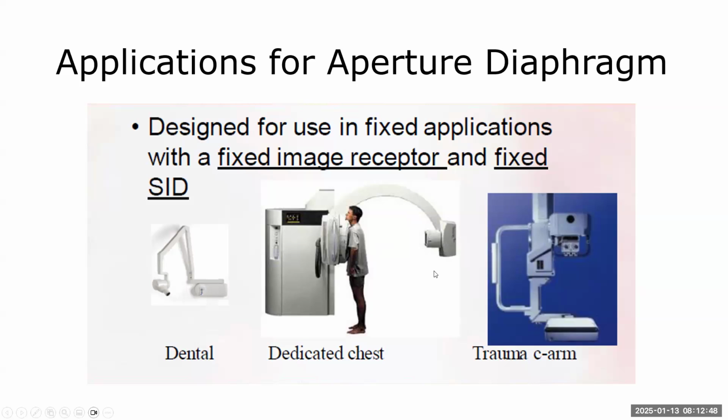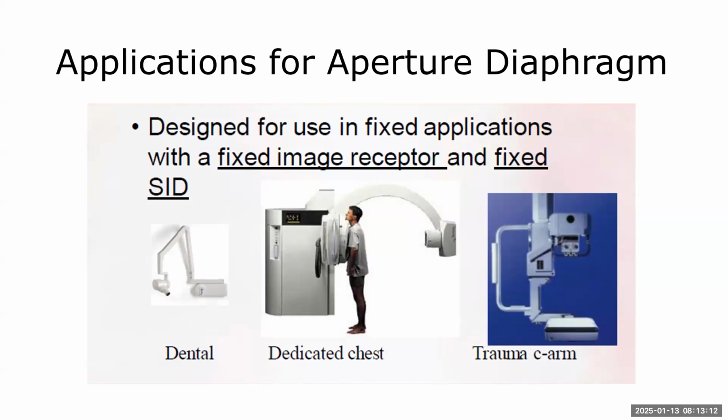That's a standard 72-inch SID. And so you might see something like that in a dedicated chest room, or a trauma C-arm. We don't have those at Memorial. I'm surprised that they haven't gotten them at this point, but anyway.